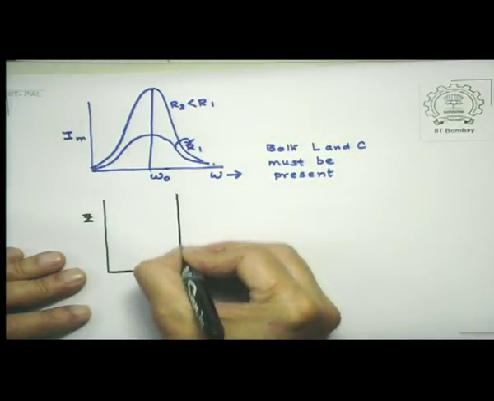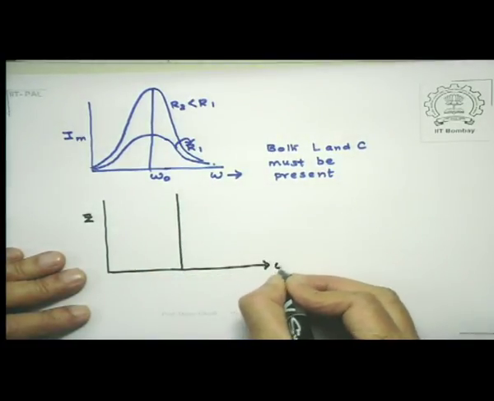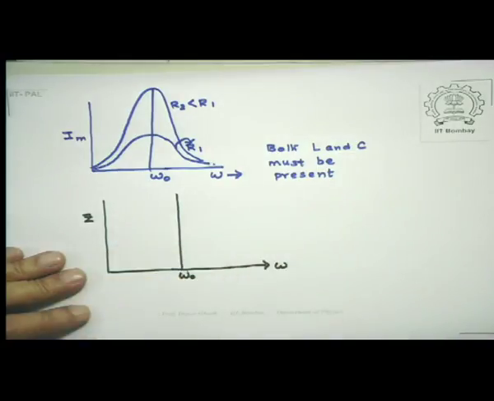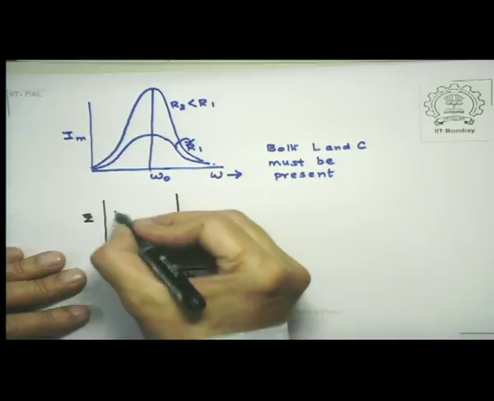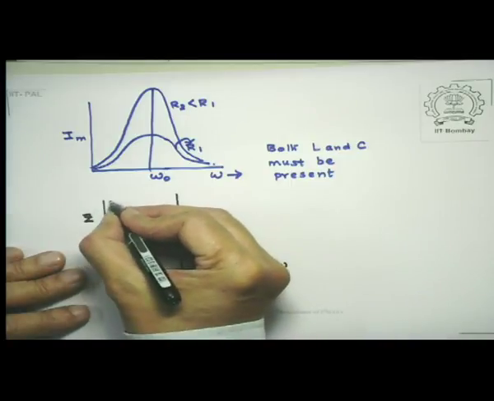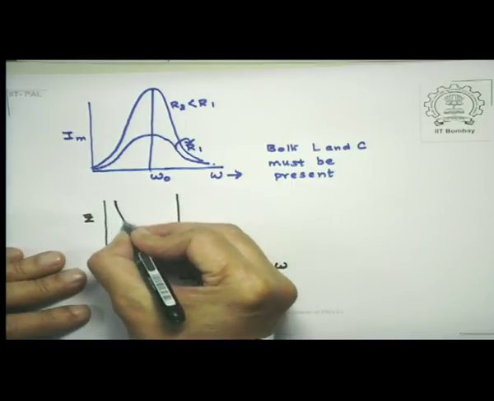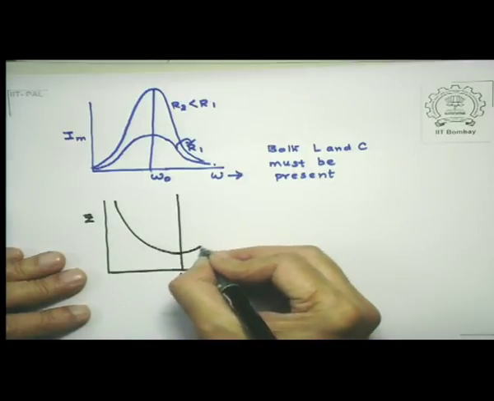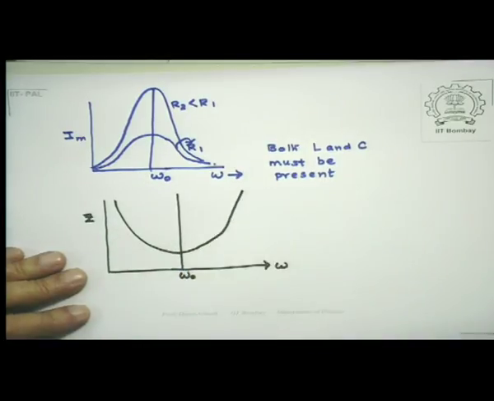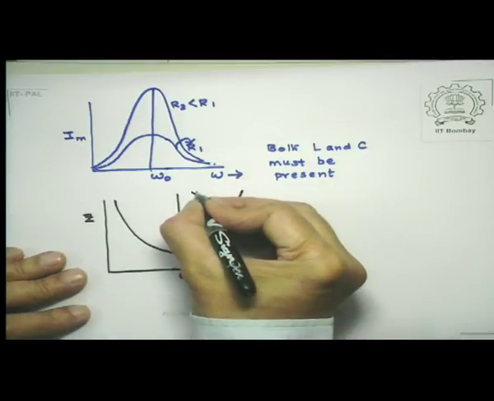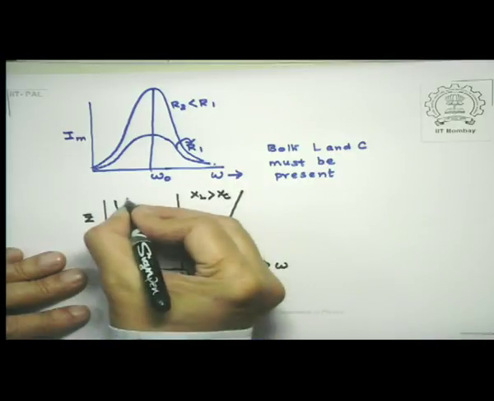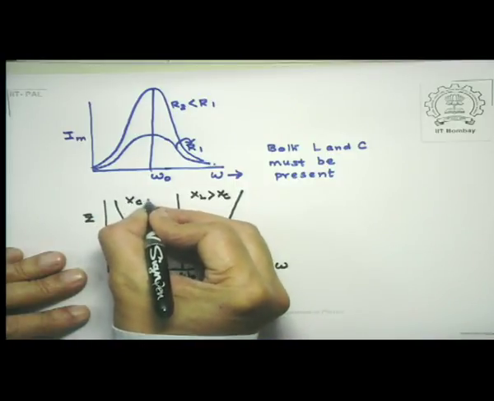I am plotting it against omega, supposing this corresponds to omega 0, omega or frequency, doesn't matter. In the capacitive section, I get this, and for the inductive part, this is XL greater than XC, and this is XC greater than XL.